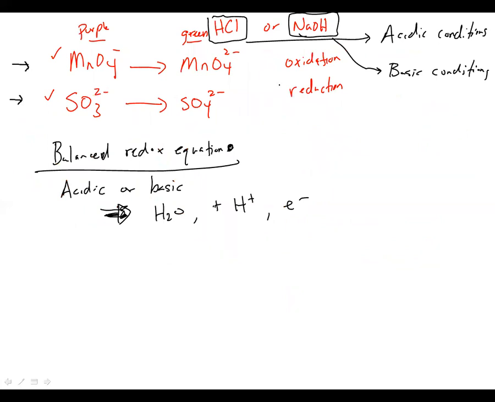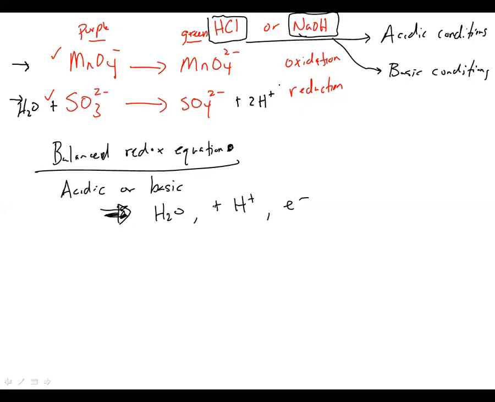Then you need to go through all those steps that we talked about for balancing these redox reactions in acidic solution or basic solution. So if we were to do this, we would balance everything other than oxygen and hydrogen. In this case, we would need to add water to whichever side needs oxygen. We would need a water over here, and a couple of H pluses over here.